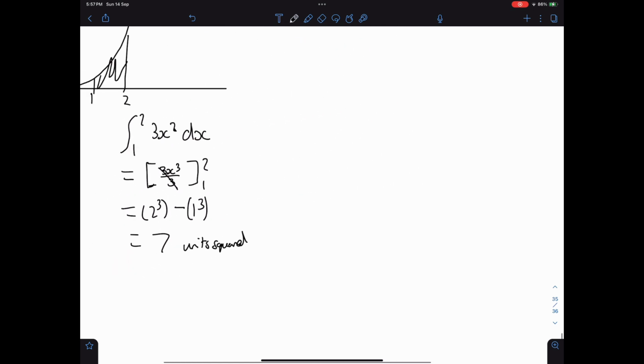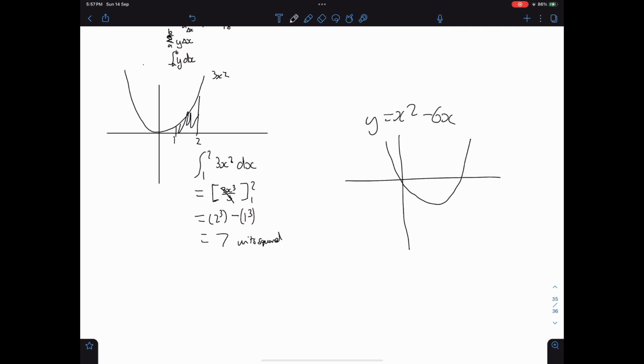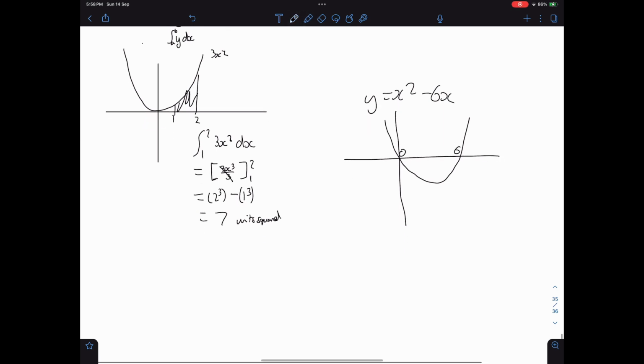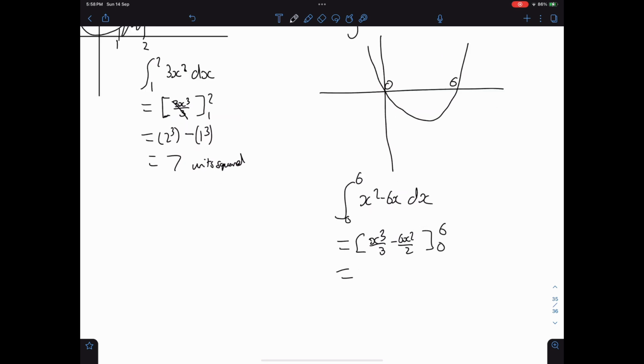Now, if you were doing, say, y equals x squared minus 6x, so that's like this. And it asks you to find the distance between 0 and 6. Then you would have to do an integral dx, and that's equal to x cubed over 3 minus 6x squared over 2 between 0 and 6.